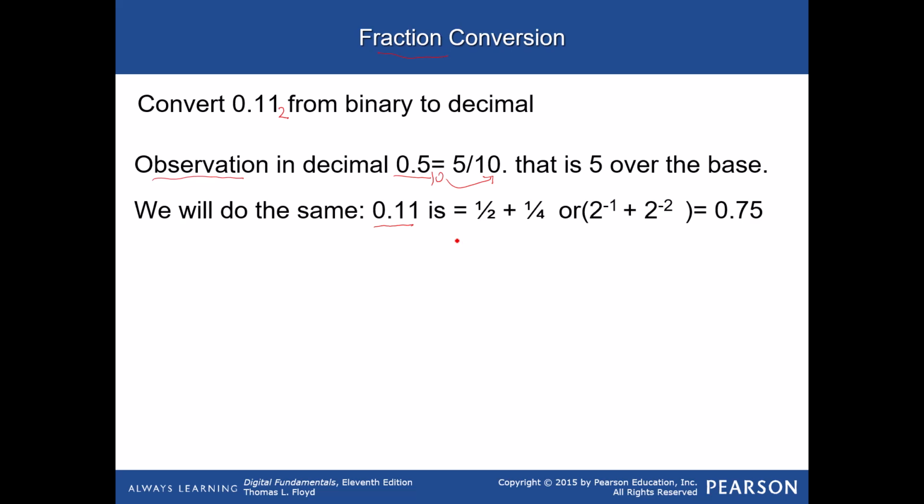If you recall when we talked about the expansion, we said we have 2 to the 0, and then we have 2 to the negative 1, 2 to the negative 2, and this one is the same as 1 over 2, and this is the same as 1 over 2 times 2, which is 1 over 4. So we just did that. And then we add the values.